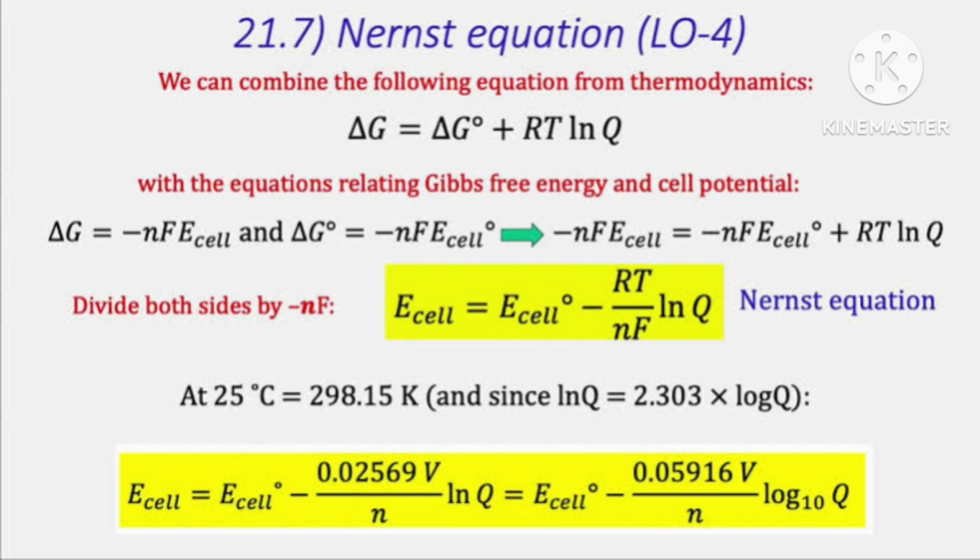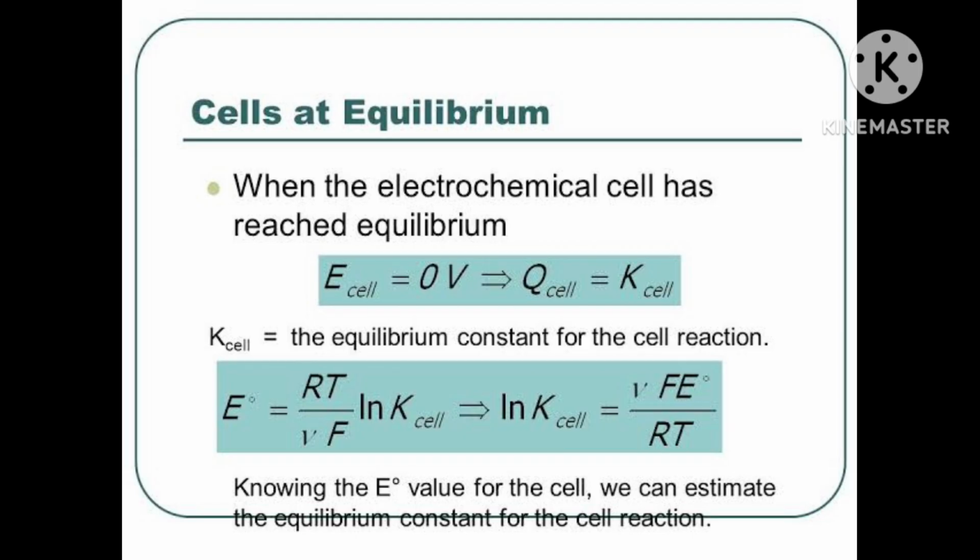If you want a direct relation, you now know that standard electrode potential is equal to 0.059 divided by 2 log Kc, and this entire value, 0.059 volt divided by 2 log Kc, is 1.1 volt.